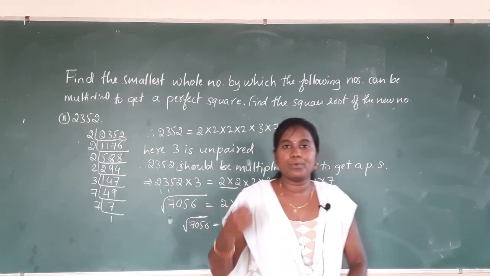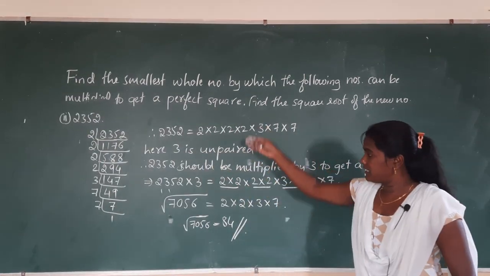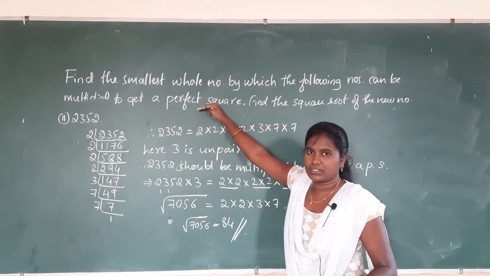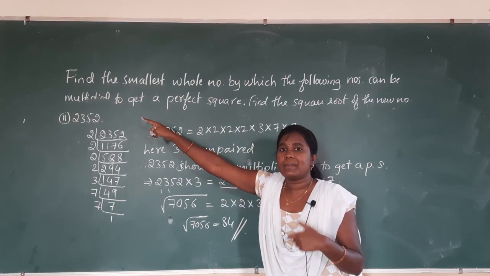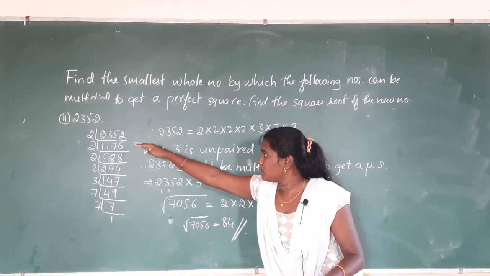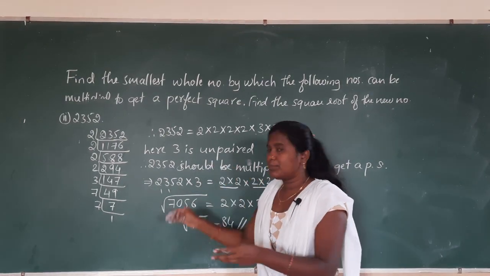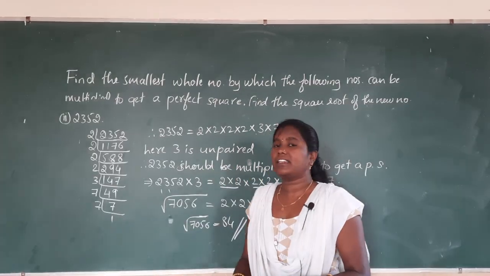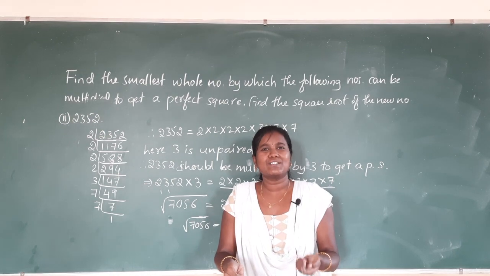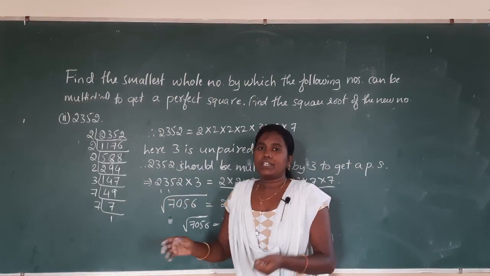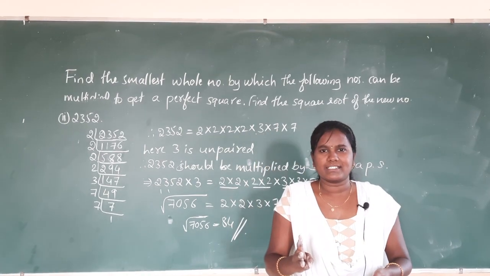I hope you all have understood this, and this is how to answer these questions, when it should be multiplied. So this is the process. It carries 3 marks. Many other numbers are there, however those are not perfect squares. In this way only you have to solve. It carries 3 marks.